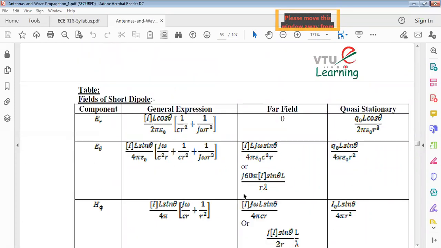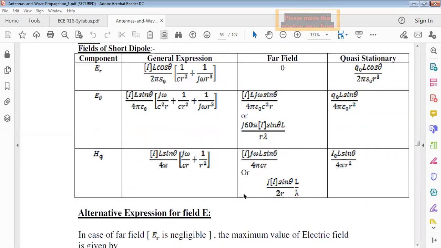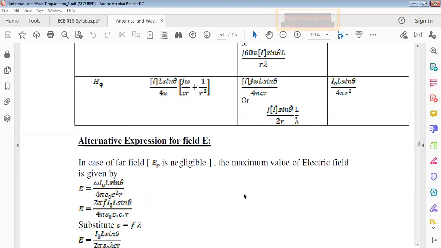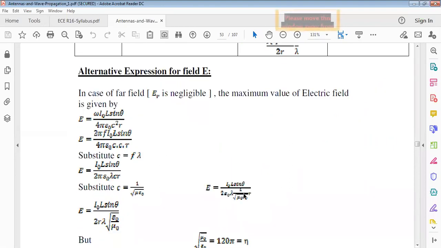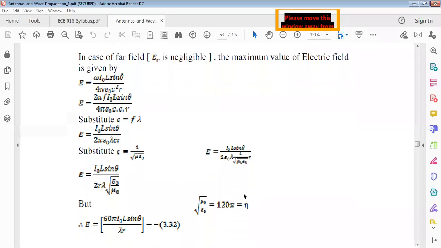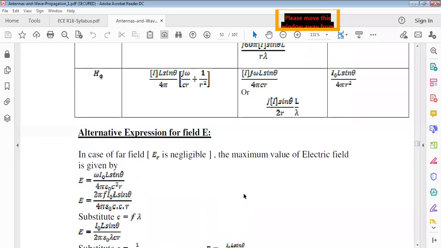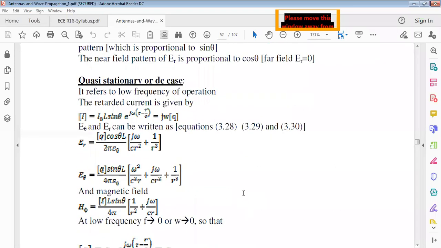Already I told you in the last class, general expression, far field and quasi-stationary. Next, alternative expression for field E. This is also not required. Upon simplification, don't worry about it.